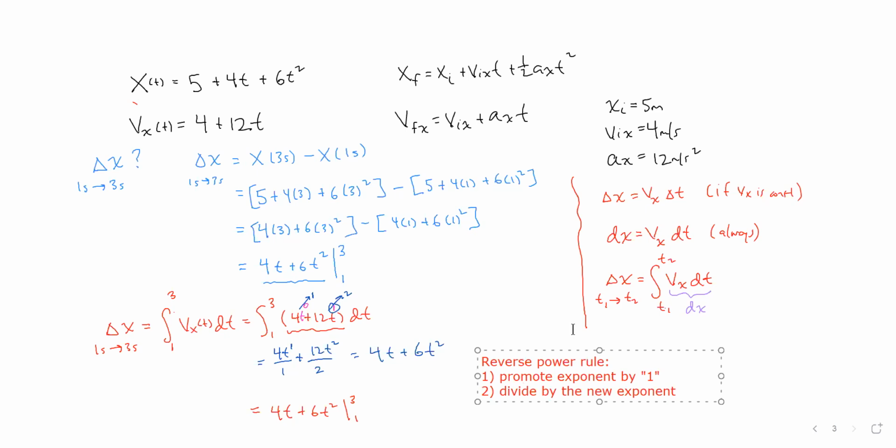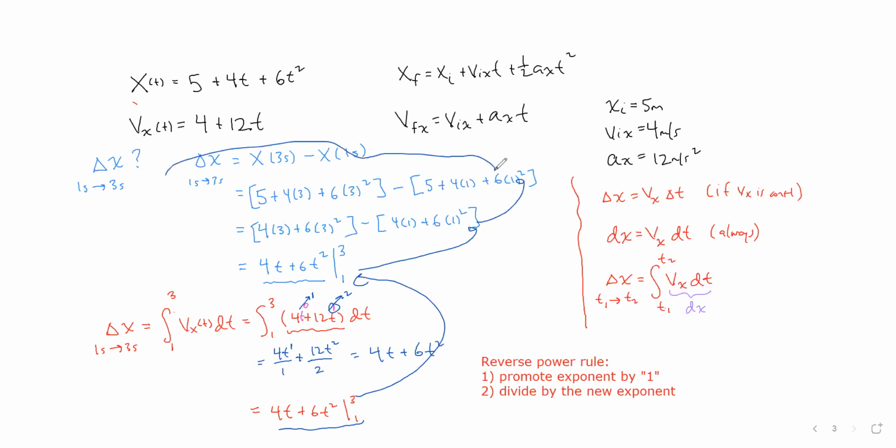You have to do it in this order. You have to first boost up the exponent of the variable by 1 and then divide by the new exponent. So we end up with 4t plus 6t squared. We evaluate it from 1 to 3, and that will get us the displacement that we're after.